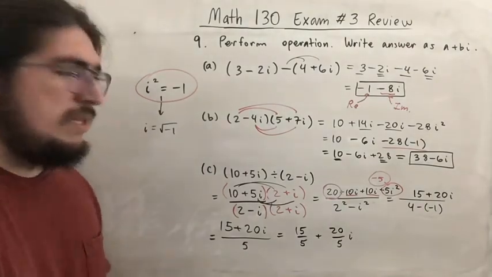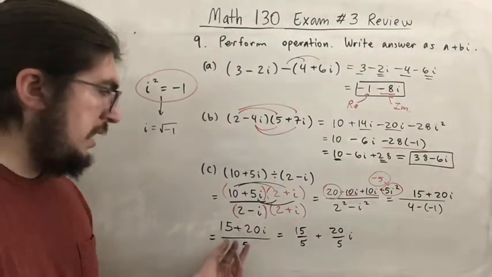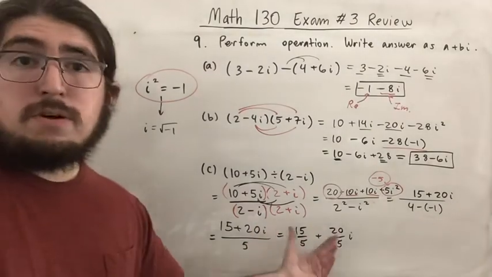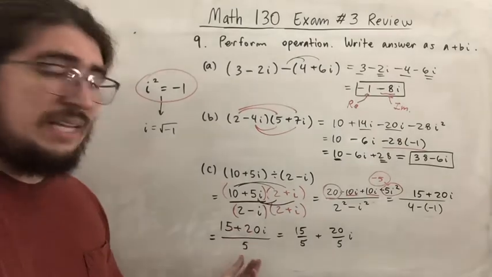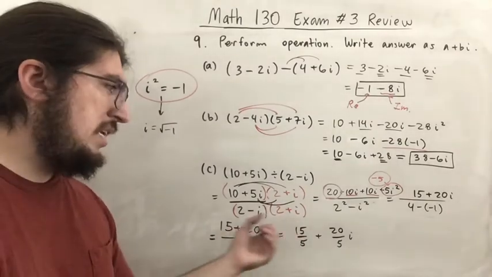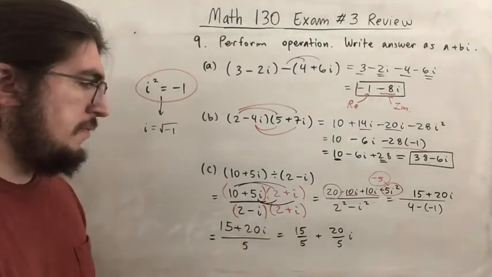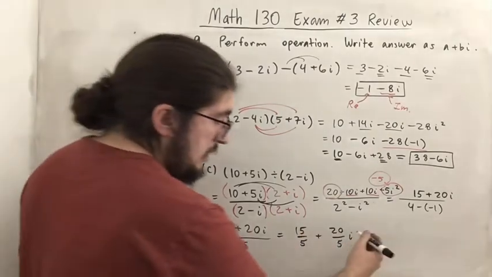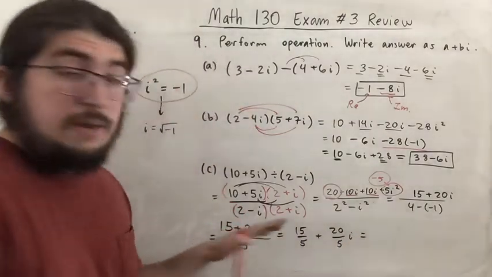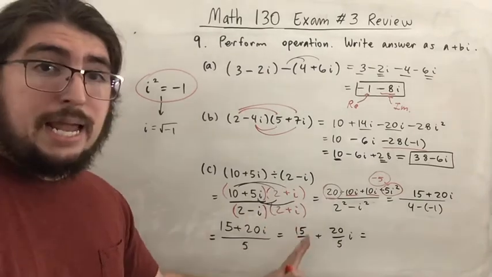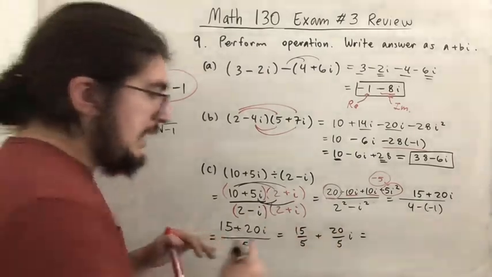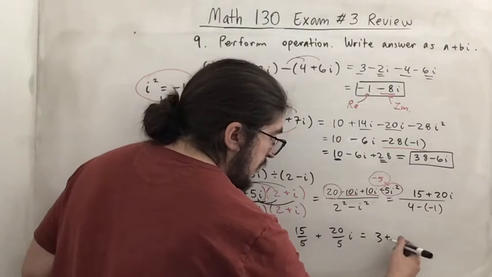Now the reason why we can do this, if you haven't seen this before, is that this is just splitting up a fraction. Remember that the way you combine fractions that have the same denominator is by adding the numerators over that same denominator. So I'm using that idea in reverse to split up this fraction into 2. Now why that's useful here is because, well, they reduce, notice, but even if they didn't reduce, this would be our answer, because it's technically already a plus bi. But in this case, they do reduce, and you get 3 plus 4i.